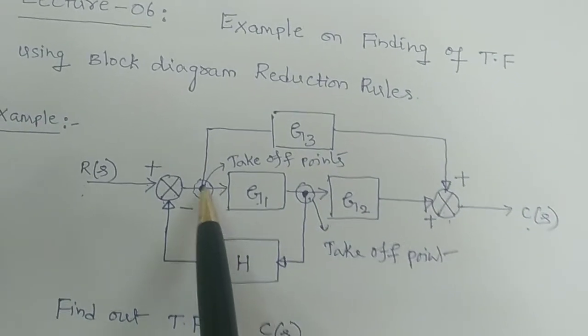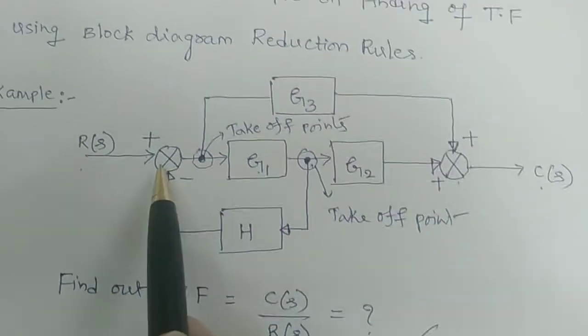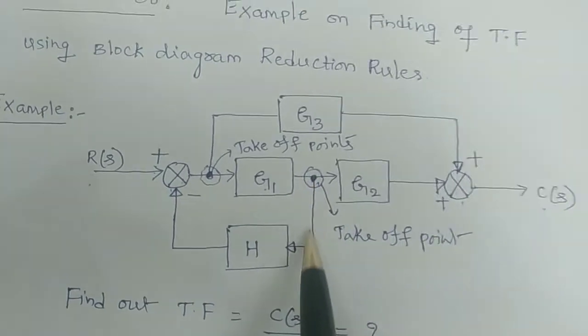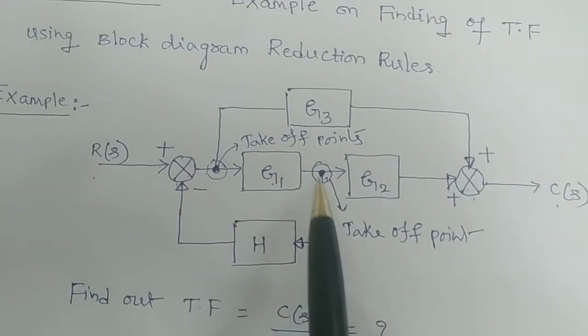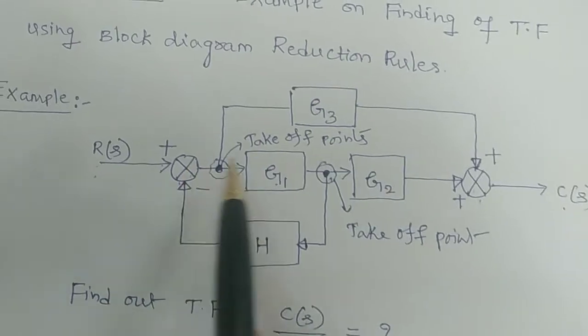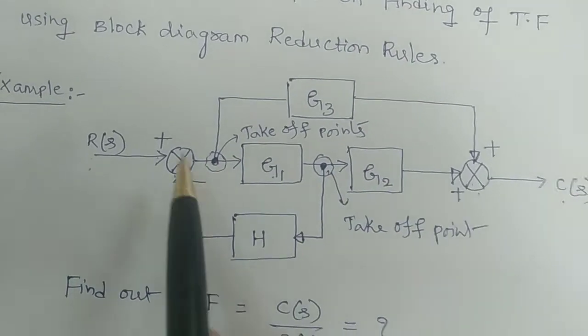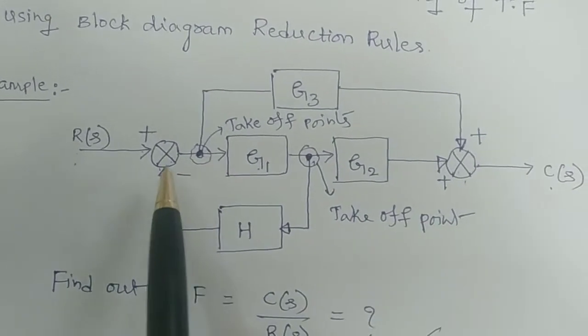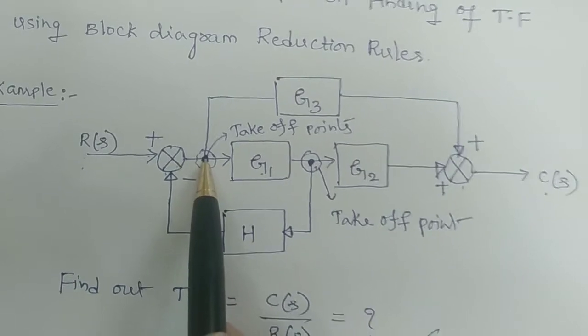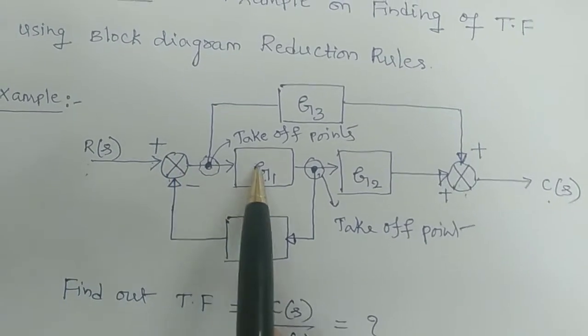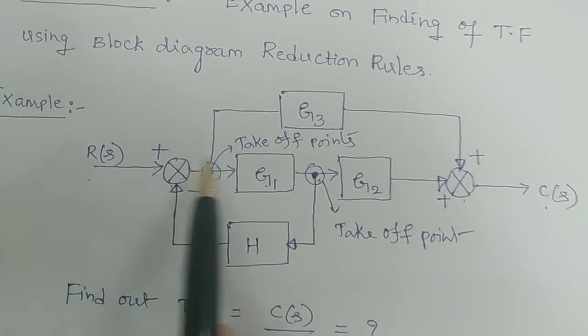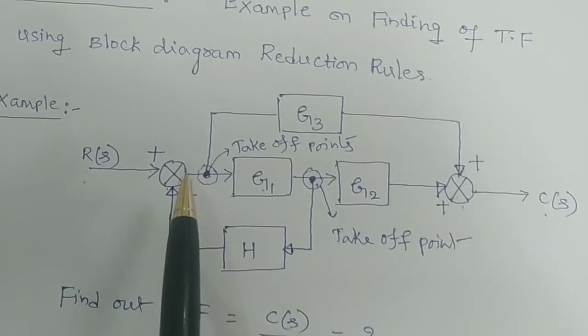If you don't have it, then it is simply input, gain, and then a closed loop feedback, as you have studied in our second session. This is very easy to simplify.